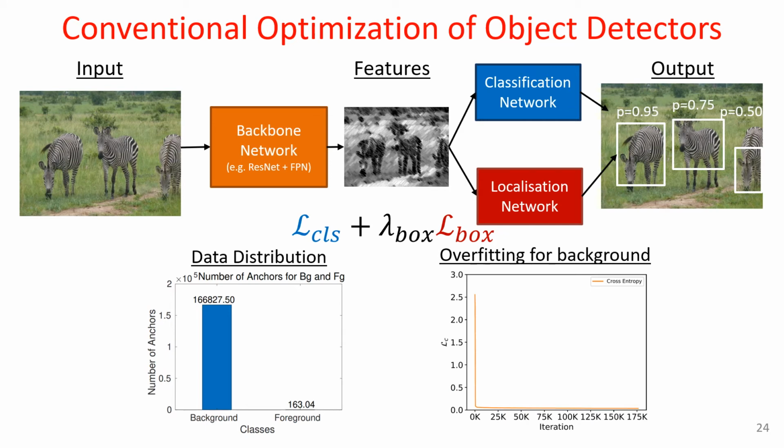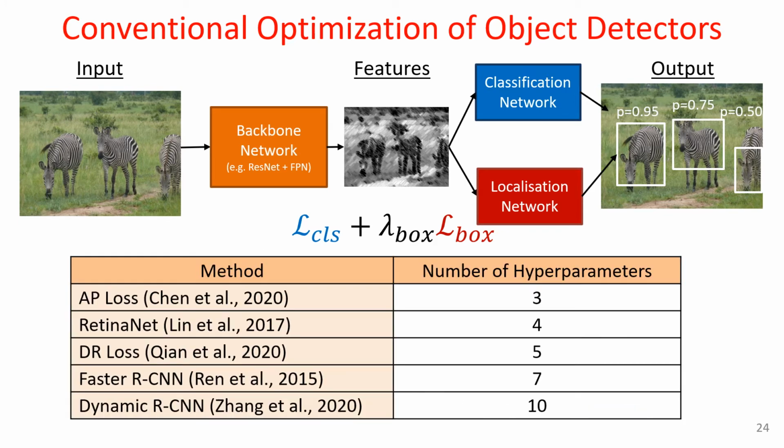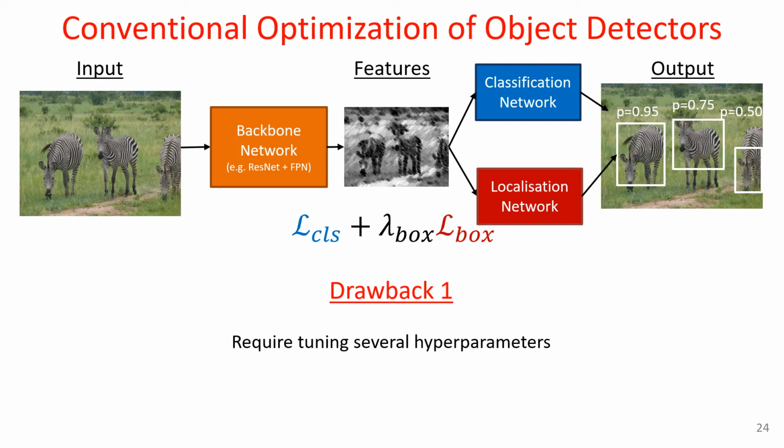This is due to overfitting for background classes since the network classifies all anchors as background. Note that such a detector effectively does not learn anything. As a common solution, focal loss introduces two hyperparameters, and in general, the number of hyperparameters can easily reach 10, which makes the loss functions of the object detectors hard to tune.